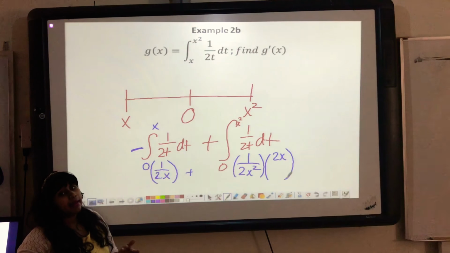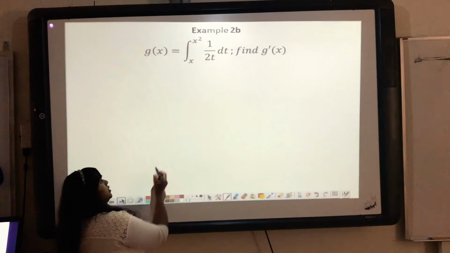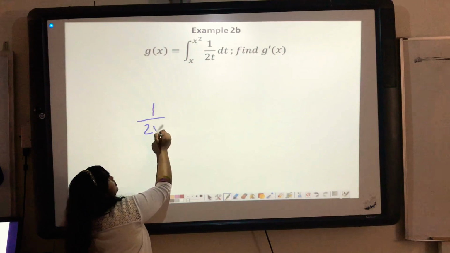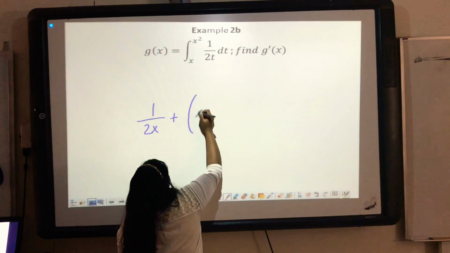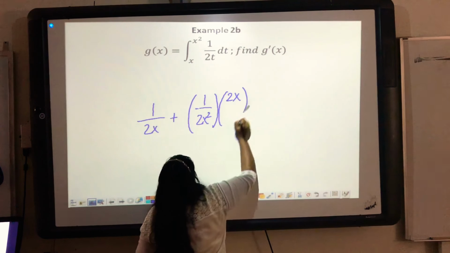We could technically leave it like that. So 1 over 2x plus, 1 over 2x squared times 2x.